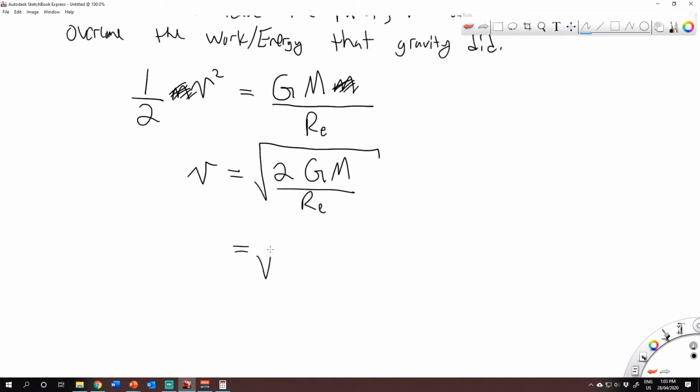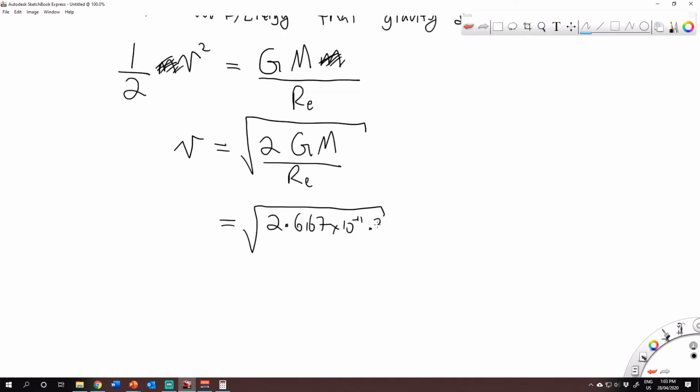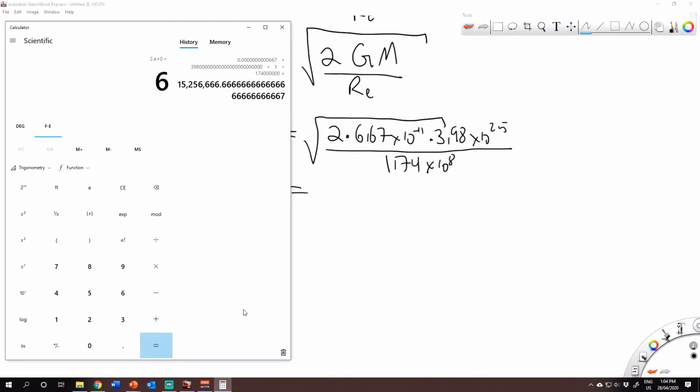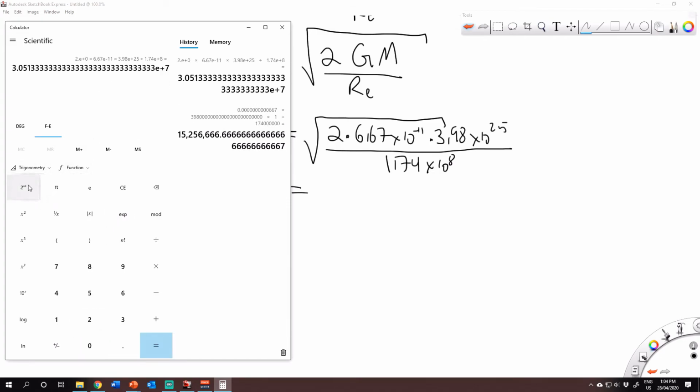So in order to escape this particular planet, we'll just calculate things out. 2 times 6.67 to the negative 11 times 3.98 to the 25, all divided by 1.74 times 10 to the 8 gives me this number, and then we'll square root that.